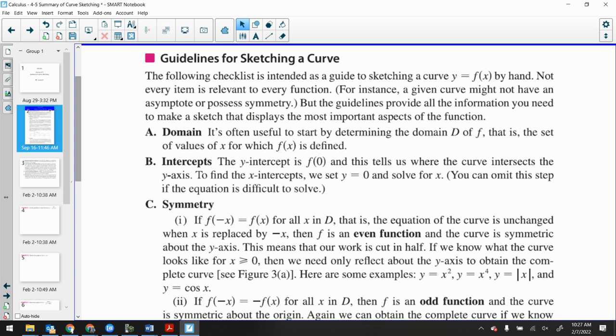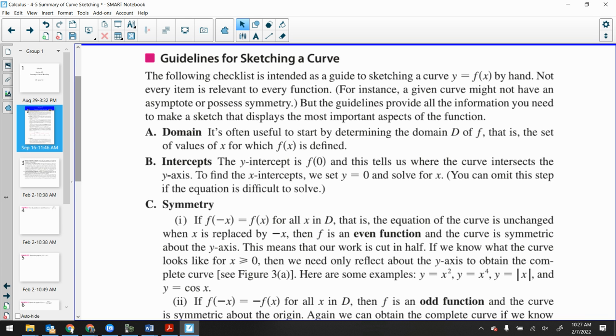Because in your homework, all it says is use the guidelines to sketch. So you're going to have to know each of these, not like memorize. On the test, I will tell you, and I will be very explicit on where I want to see each piece. But for your homework purposes, please write these down, because I'm going to refer back to these letters every time we do one of these problems.